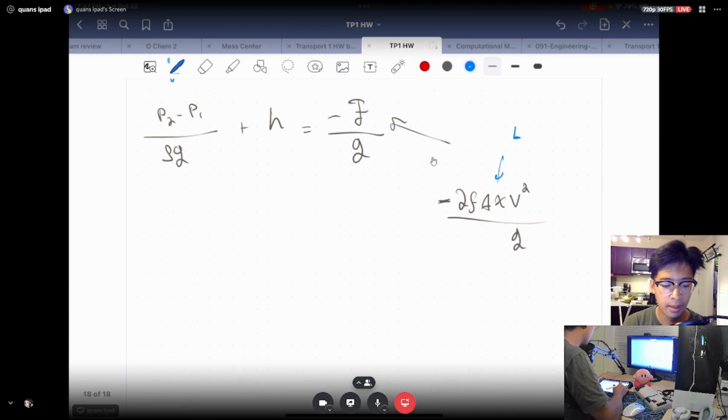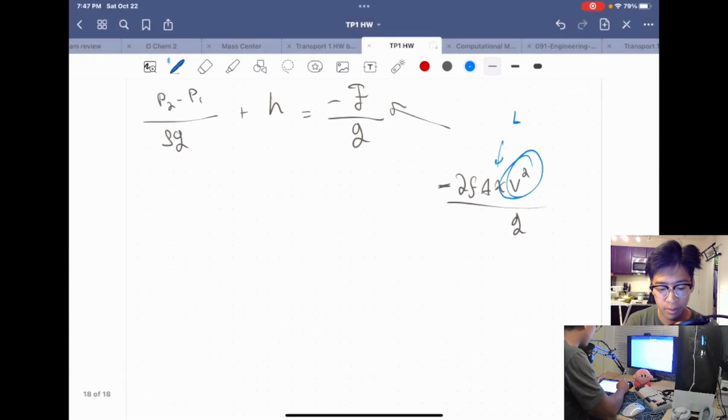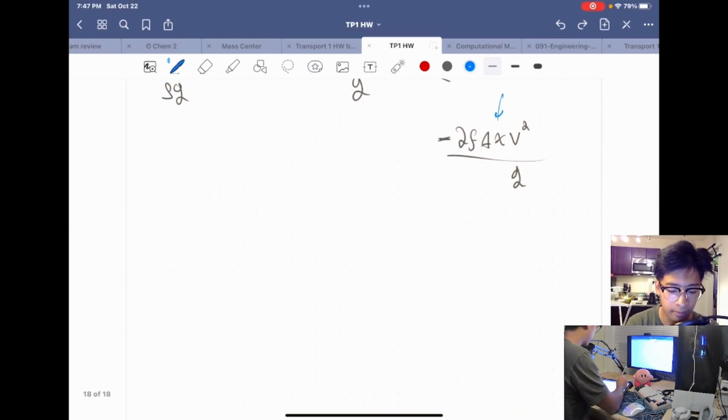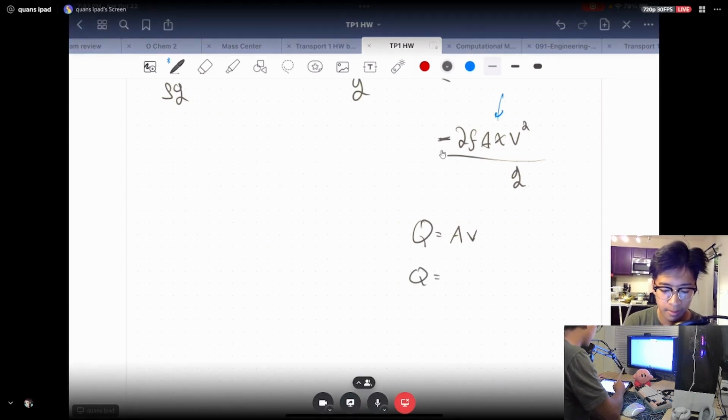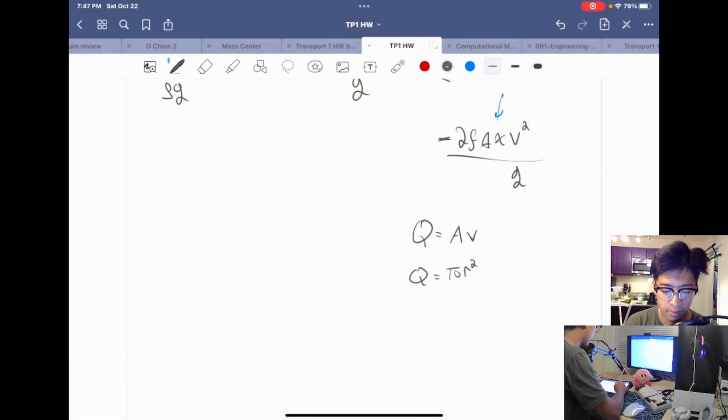Okay, where velocity, we don't know velocity, but we can represent it by the flow rate, right? Where the flow rate is equal to the area of the pipe times the velocity. Okay, where Q is equal to the area of the pipe, we can represent it as pi r squared v.